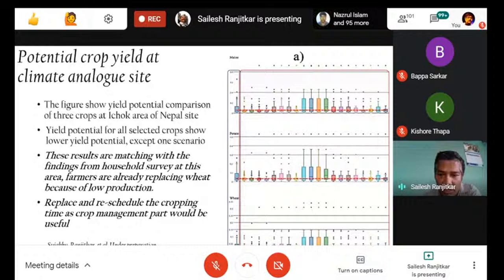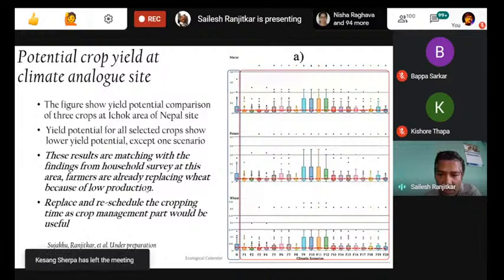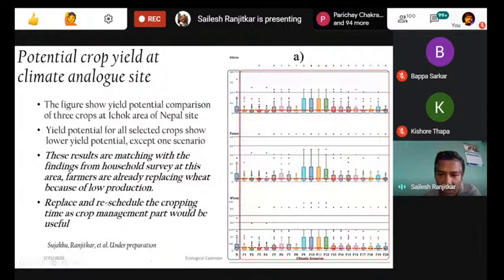That means wheat would not be a suitable crop to adopt in our study site, because in future warming conditions, this will have a lot of problems with the yield. So replacing and rescheduling the cropping time as crop management would be useful from this information.